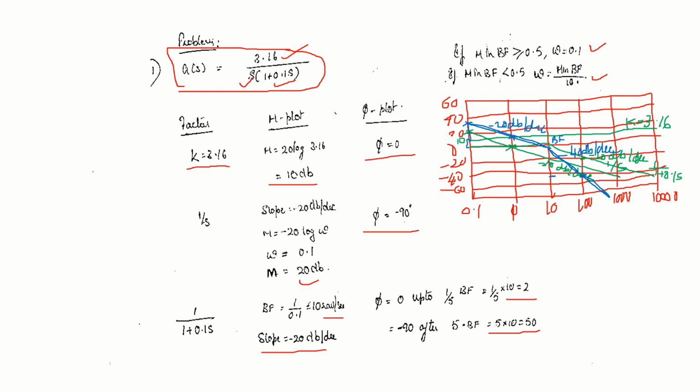Of course, if you want to apply the correction factor of minus 3 dB, we can apply, and we can draw the actual plot. But this is sufficient. This is linear line approximation plot, straight line approximation plot. So now you want to draw the phase angle plot.